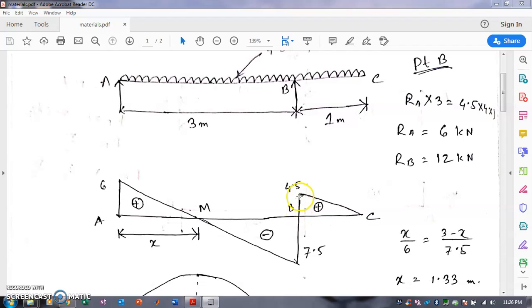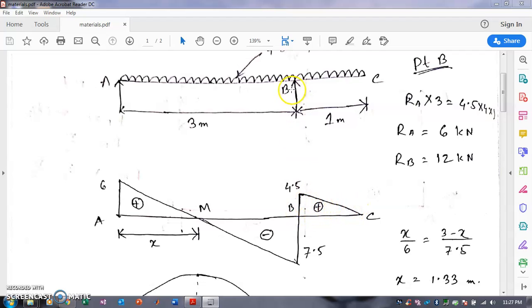That will be the shear force at point B, and this is the right hand side of point B, so it will follow the opposite to the y axis. As the force is downwards, it will be plus. So this portion of the force is denoted by plus.